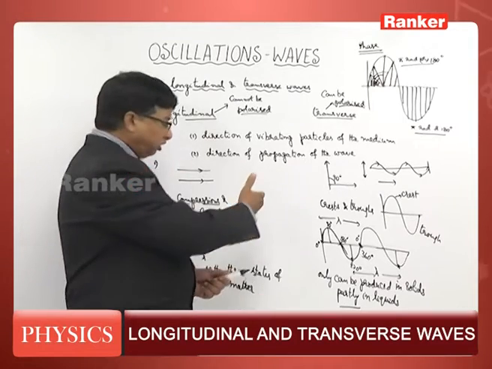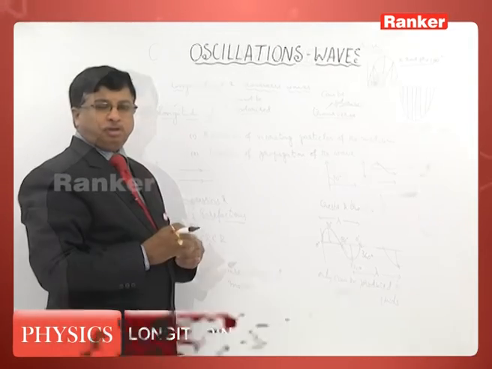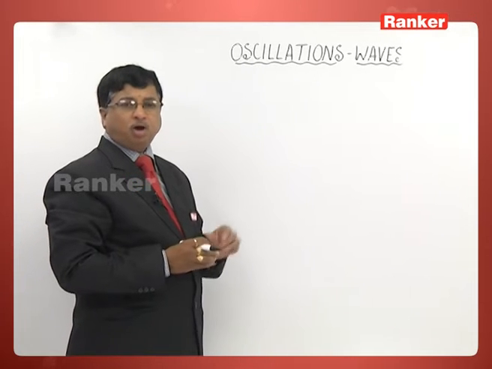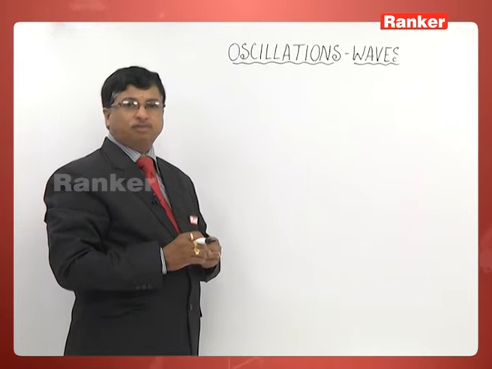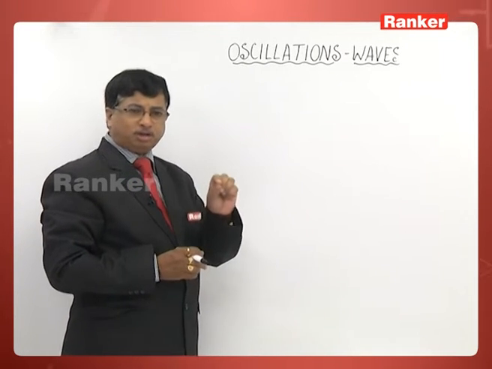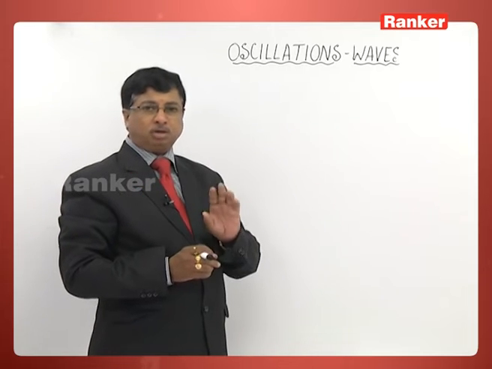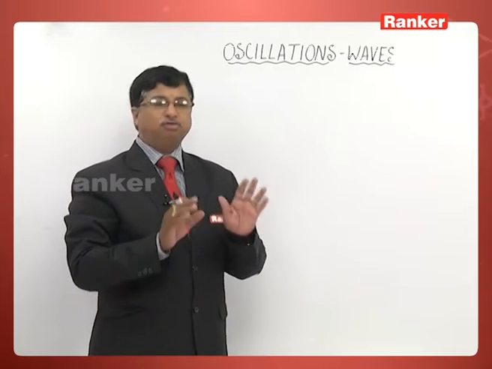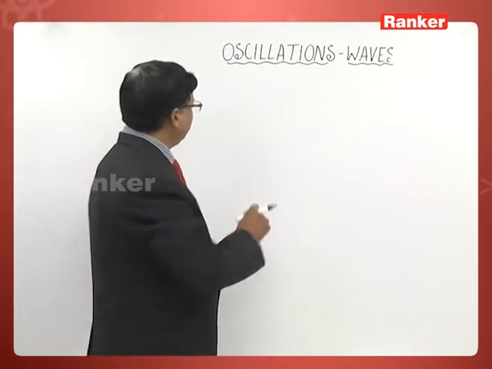Let us now take up the general characteristics of a wave. Irrespective of the nature of the wave, not longitudinal alone or transverse alone, what are the basic and general characteristics?